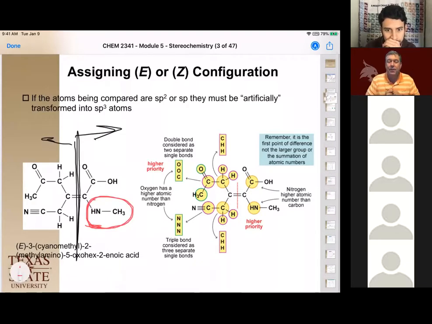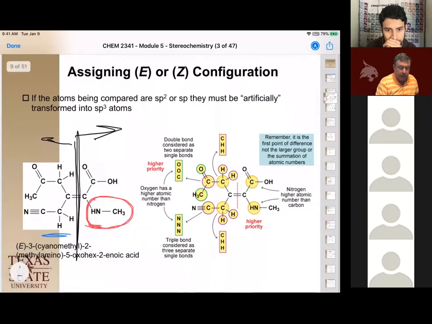This is our highest priority on that side. Do you see why? Even though there's a whole bunch of other stuff going on there, we used rule number 1 first, and we could define a difference between the two groups. Therefore, we're done.